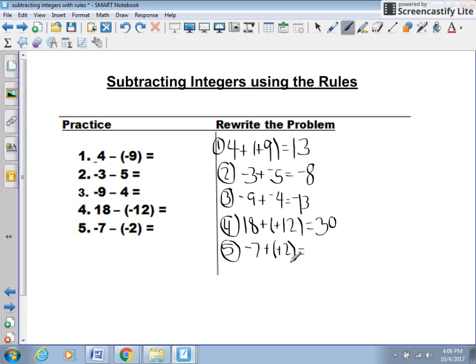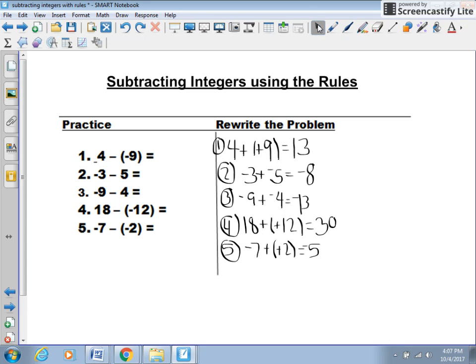Negative 7 and positive 2. So I'm physically subtracting them. 7 minus 2 I know is 5, but now I need to know, is my answer positive or negative? Well, the absolute value of negative 7 is 7. The absolute value of 2 is 2. Negative 7 has the largest absolute value, and since it is negative, my answer is negative 5.